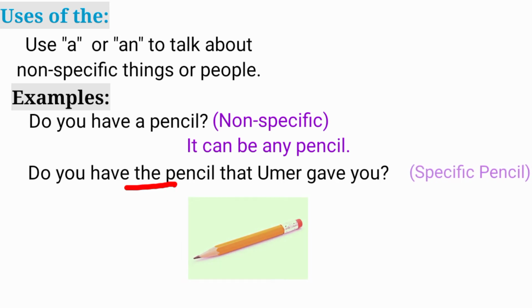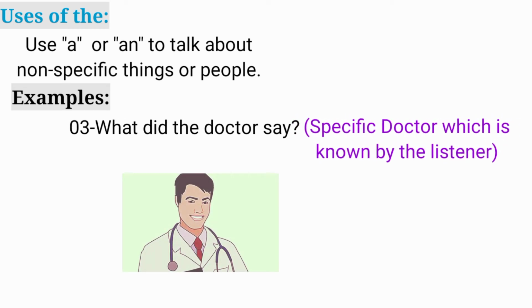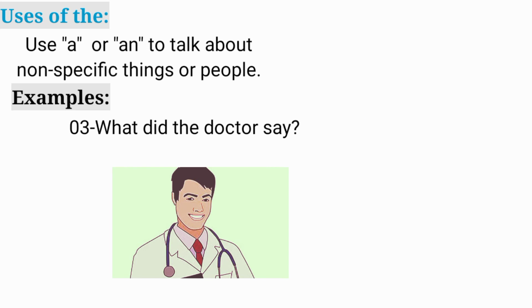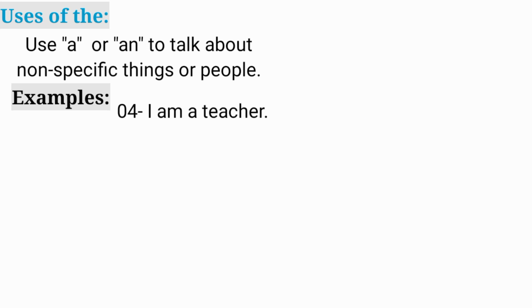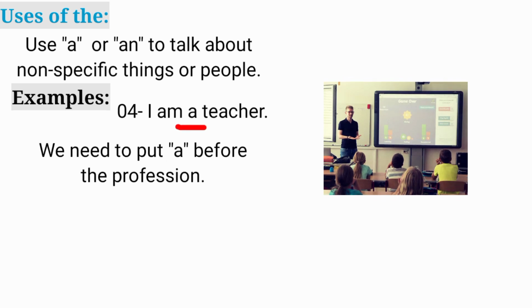Now here the pencil is specified, the pencil which was given to you by Umar. Number 3. What did the doctor say? Now the doctor is also specific, the one who did your checkup. Number 4. I am a teacher. Remember, we need to put a before the profession.